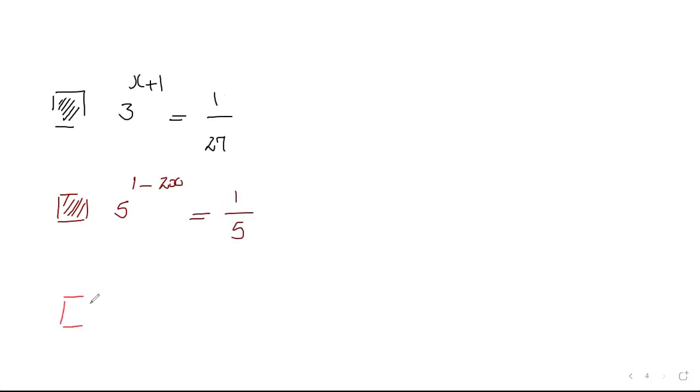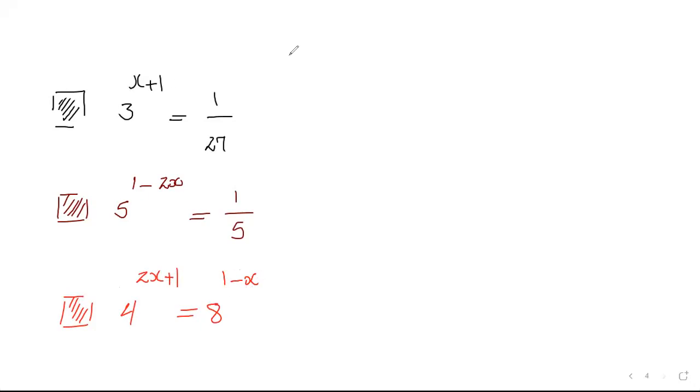The third one is 4 to the power 2x plus 1 equals 8 to the power 1 minus x.